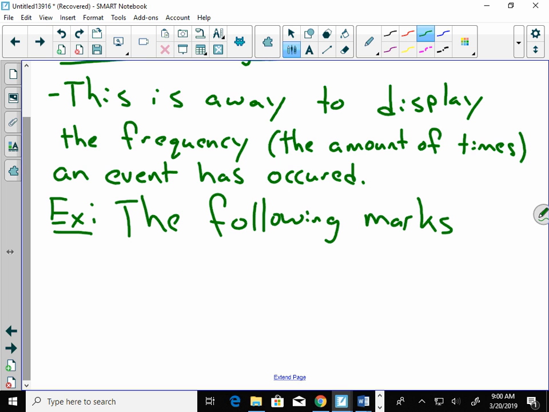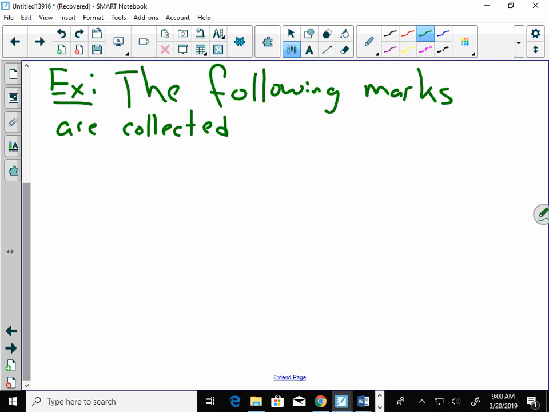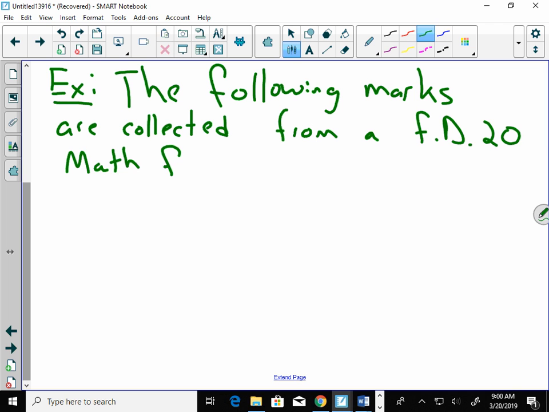Okay, the following marks are collected from a Foundations 20 math final.